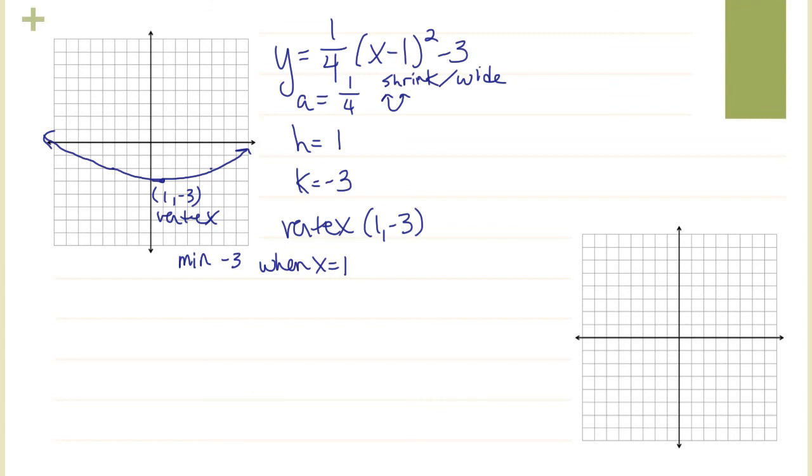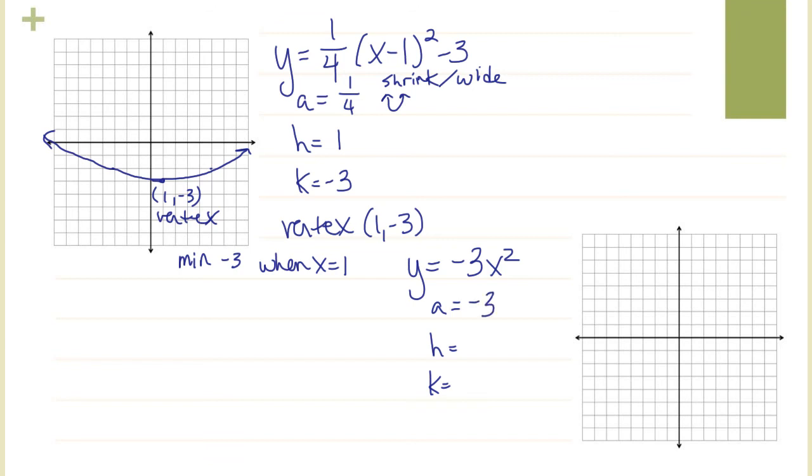Last one, try it on your own before I do it. y equals -3x squared. Haven't seen one quite like this. Pause and try it on your own. So A is -3.